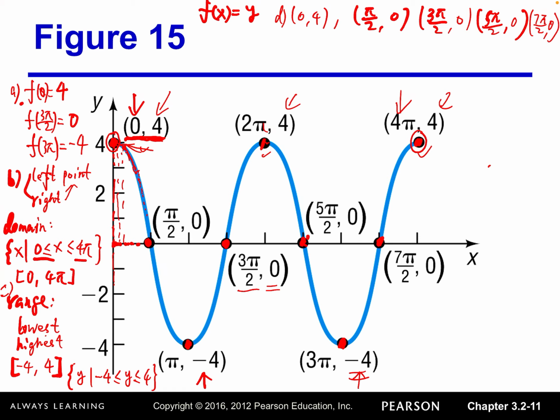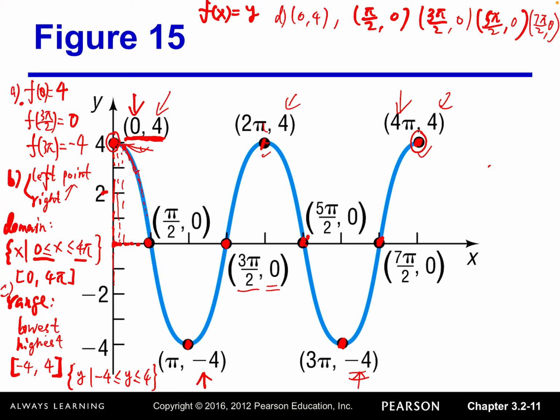Question E asks how many times the line y equals 2 intercepts the graph. First of all, you need to know what kind of line y equals 2 refers to. Remember in chapter 1 we learned about the graph of a line. y equals 2 is a horizontal line.